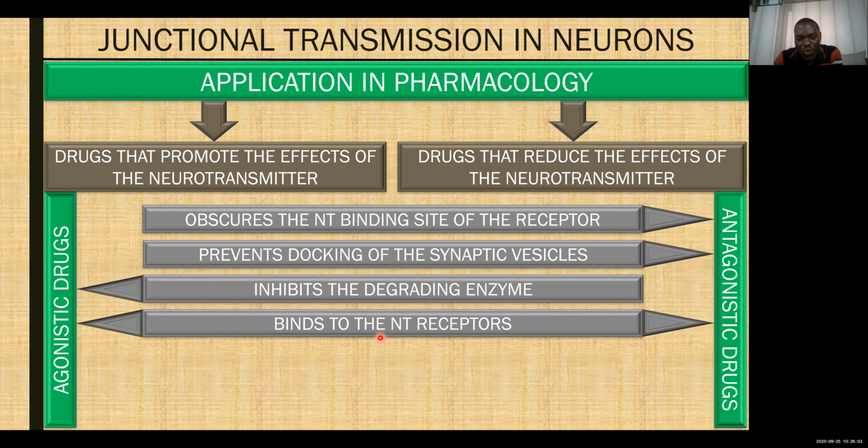There are drugs which bind to the receptors and then block the receptor. Those ones will be antagonistic. But there are those drugs which bind to the receptors and stimulate the receptors. Those ones will be agonistic. So when you have a drug binding to a receptor, you still want to ask yourself, what does the drug do on that receptor when it binds?